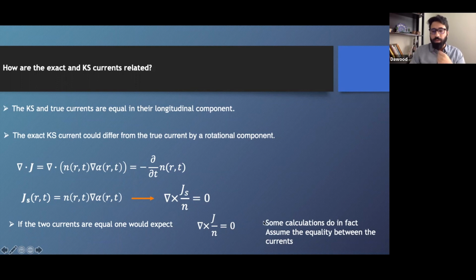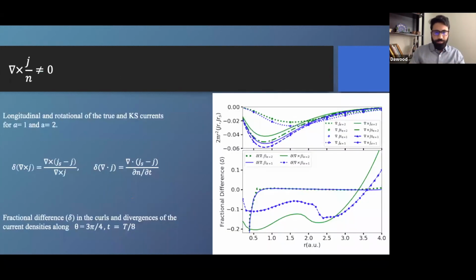In fact, some calculations assume that there is an equality between the true current and the Kohn-Sham current, so they directly calculate the true current from the Kohn-Sham orbitals. What we find is that that's not true. The curl of J over n for the true current is not equal to 0.